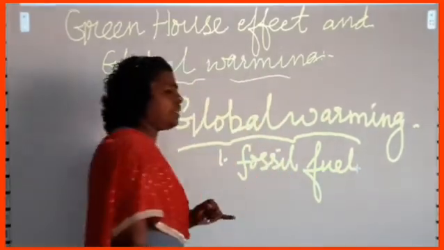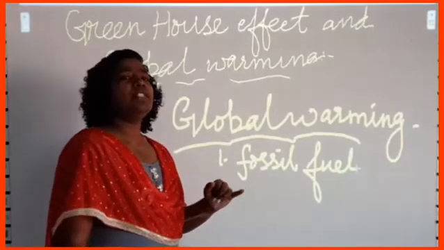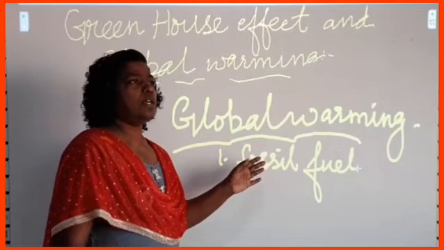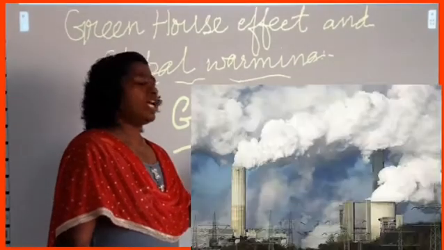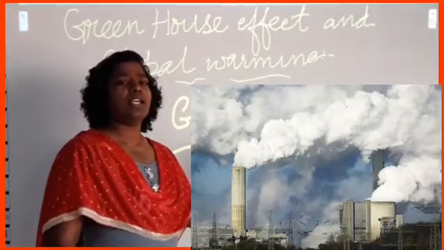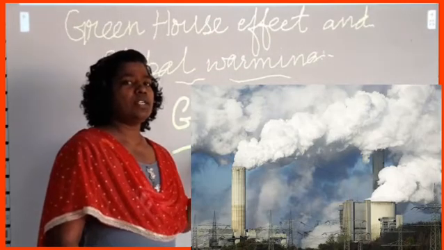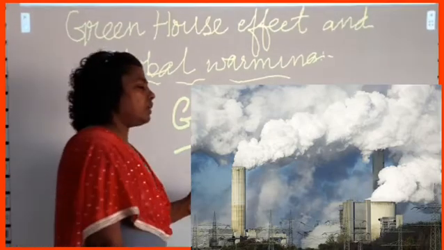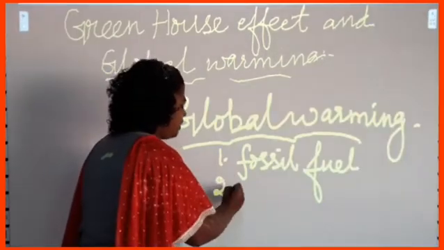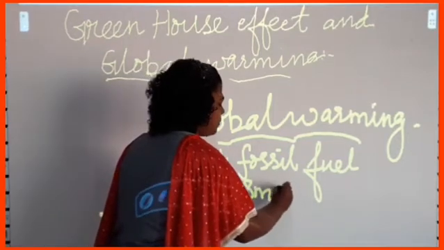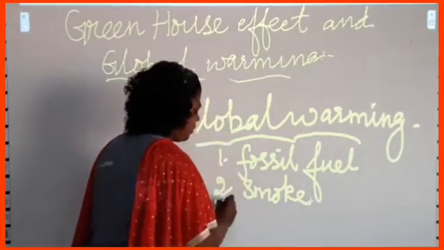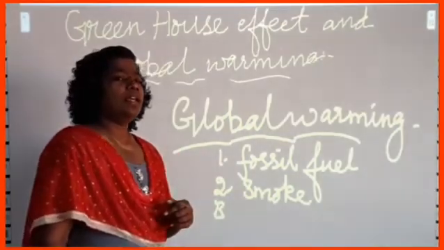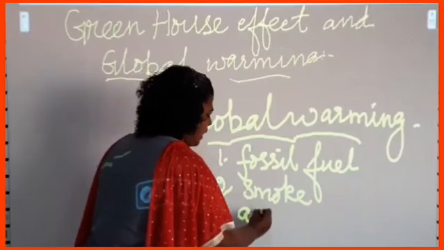The second reason is the smoke that is billowing from the factories. The factories' smoke causes atmospheric pollution, which again causes the increase of greenhouse gases, which may increase the temperature of the earth. The third reason is aeroplanes that fly in the sky.